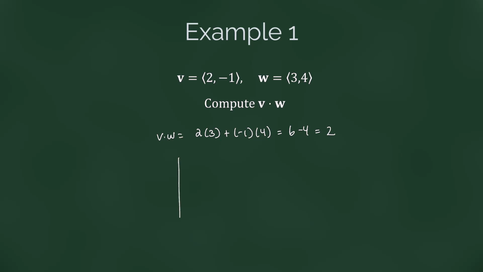If we were to draw a picture of the two vectors, (2, negative 1) looks like this, and (3, 4) something like this. And so we can see that while they're certainly not pointing in the exact same direction, the angle between them is smaller than pi over 2 or 90 degrees, and they are heading off at least generally both towards the right.